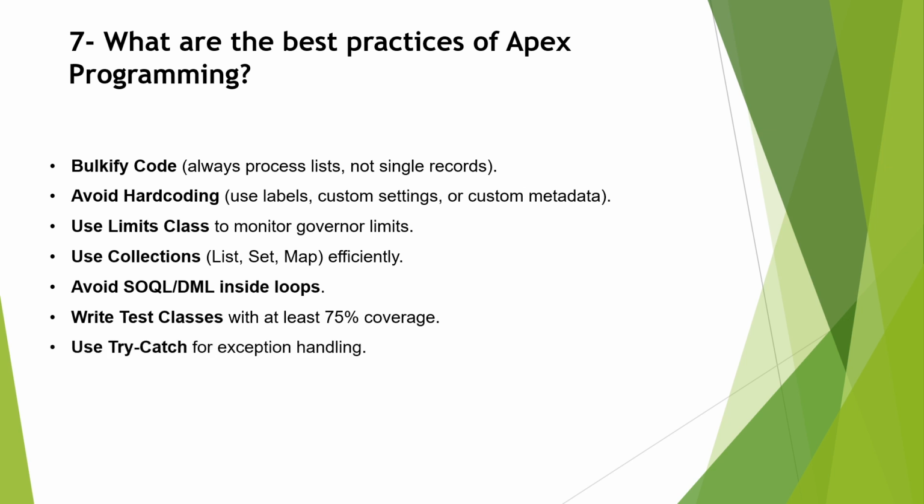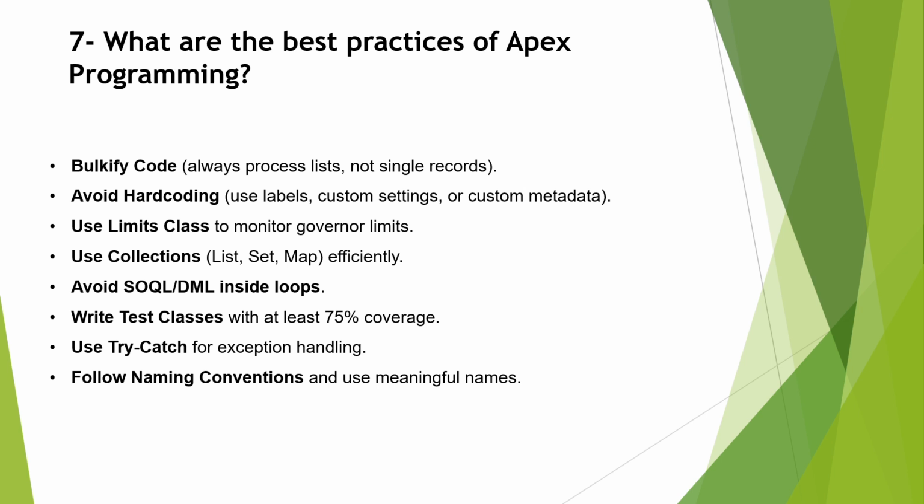Seventh, use try catch for exception handling. If you use a try catch block, it will catch and handle the exception and error. Last is to follow the naming convention, using meaningful names where the first letter of each word is capital.